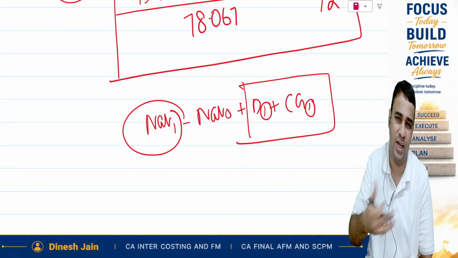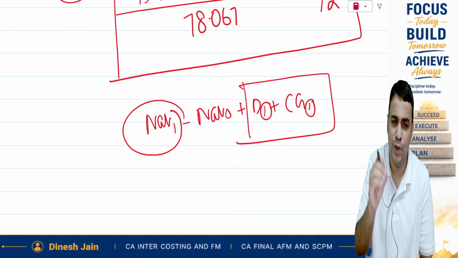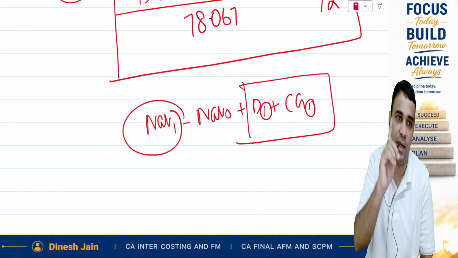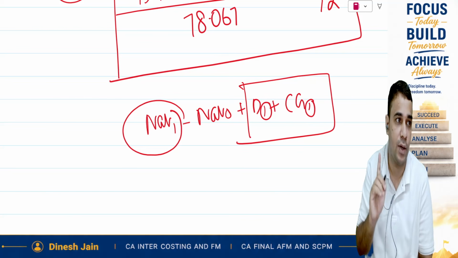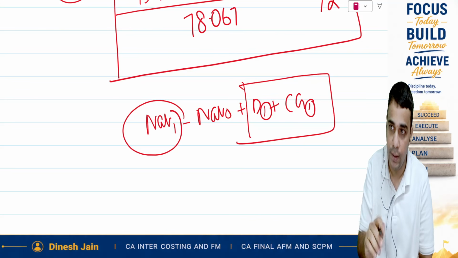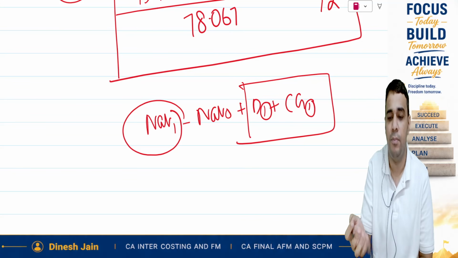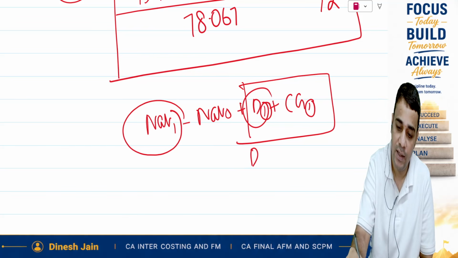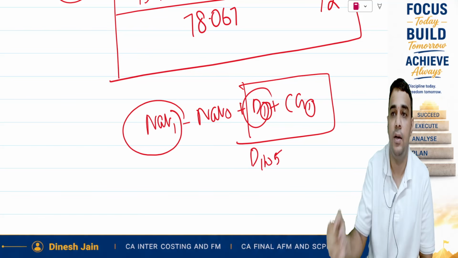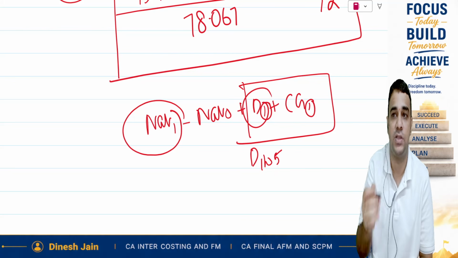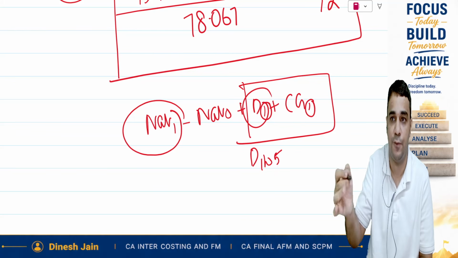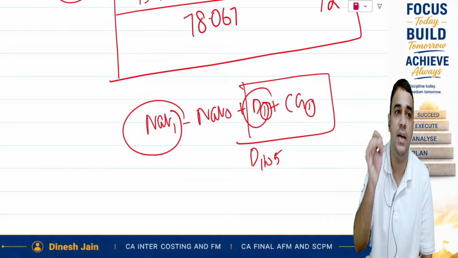Basically, whatever dividends come to me. Why do we use the word D1, CG1? Because generally we do the calculation for 1 year. But if it's a 5-year problem, it is D1 to 5. If you say 1st year, 2nd year, 3rd year, 4th year, 5th year, I didn't mean D1 as the first year.